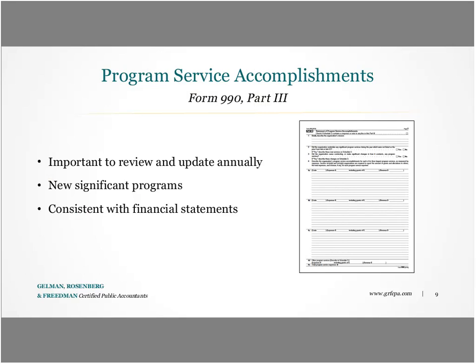One, it's important to review the text that you provide annually. The Form 990 is a public document. This is a good forum to highlight and boast about your organization's accomplishments. You can be as brief or as verbose, if you will, as you like. There's no rule about that.